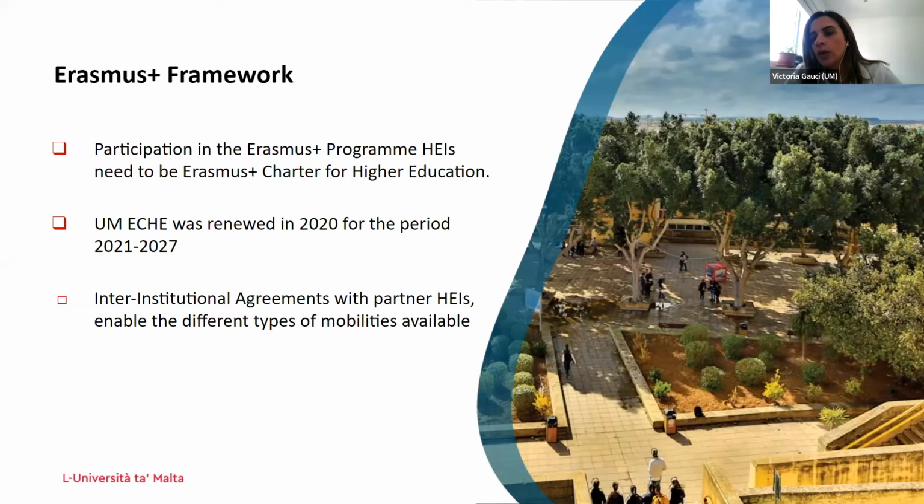Basically, this is a quality mark that the Commission gives, and it looks into factors such as the capacity to welcome students, the preparation of the courses of study, and how it is set out to host exchange students, also ECTS credits, and different aspects that the Commission sees to ensure a certain level of quality.